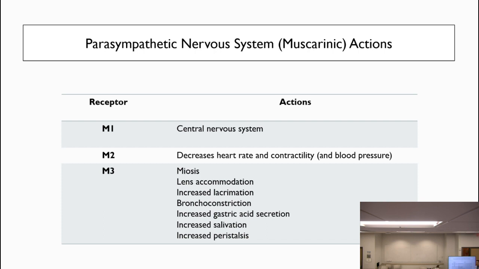Then you have the actions of the parasympathetic: miosis, participates in lens accommodation, increases lacrimation, bronchoconstriction, gastric secretion, acid secretion, salivation, peristalsis. And when you learn that, notice the following. You are not likely to have a question saying, which of the following is a function of the parasympathetic?